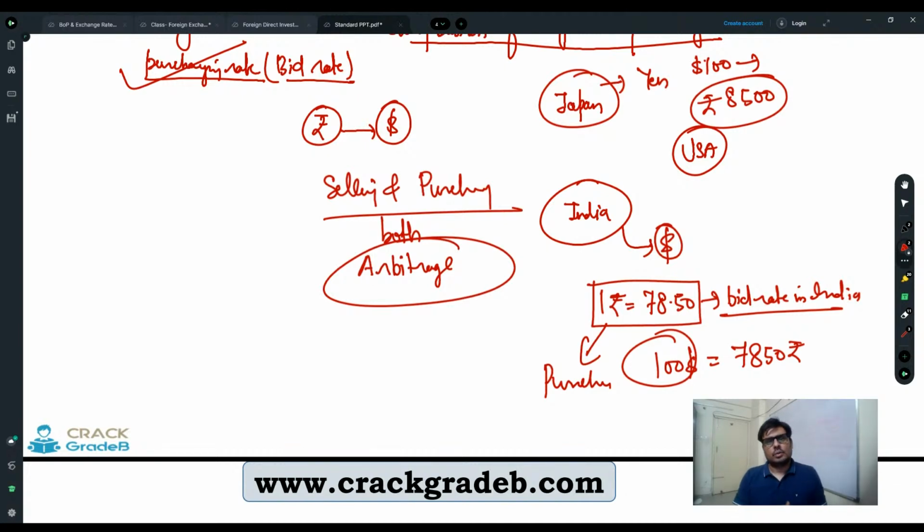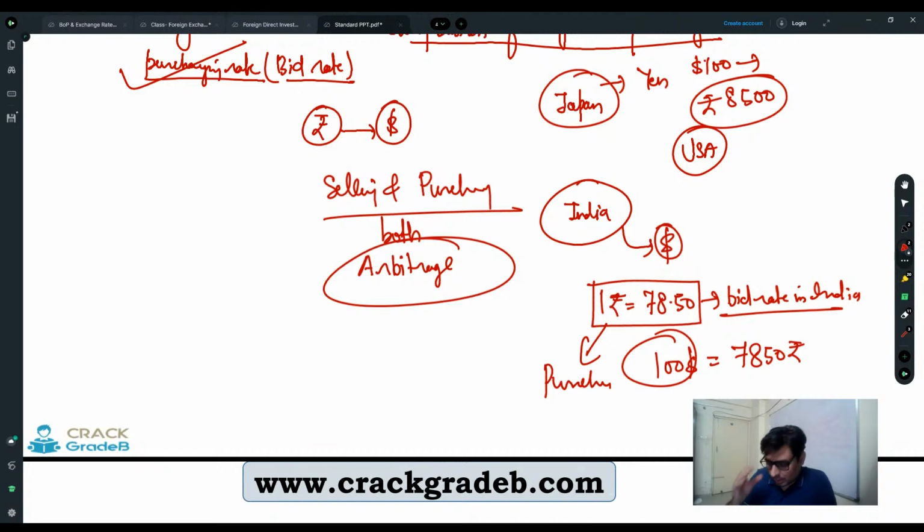So in this way, we call this activity arbitrage in the international currency exchange market. Arbitrage will apply only when we do both simultaneously. Yes, you have to do both simultaneously, only then it will be called arbitrage. And you can see that a profit can be made, right?